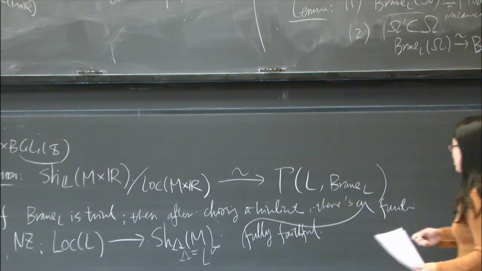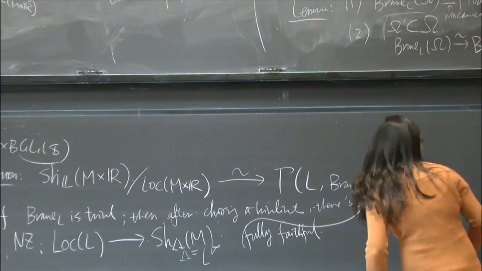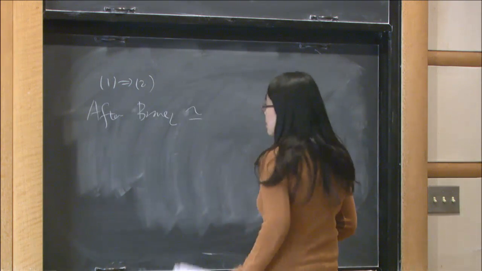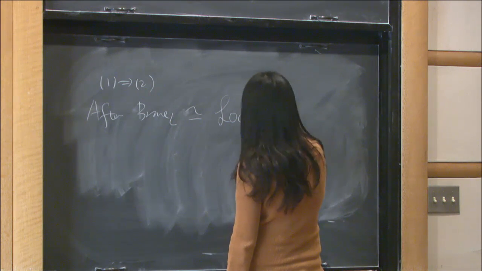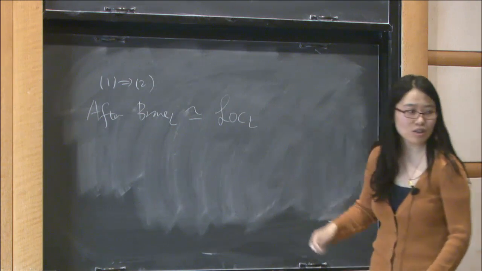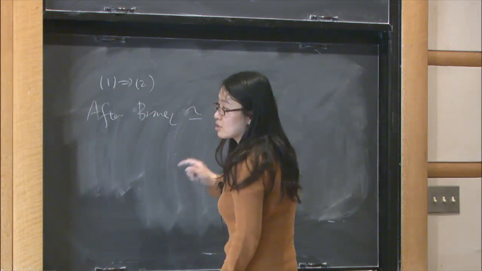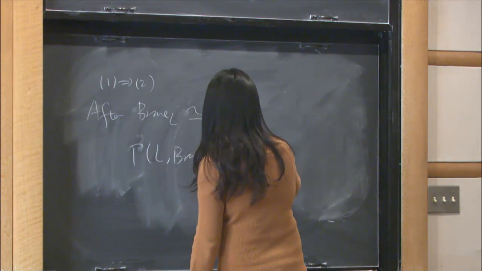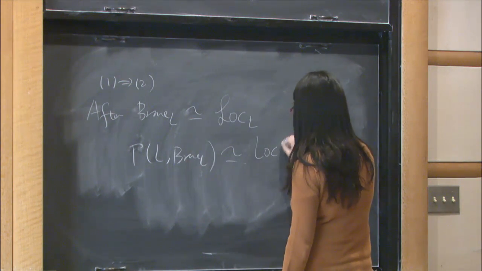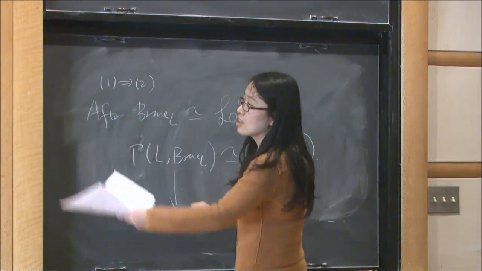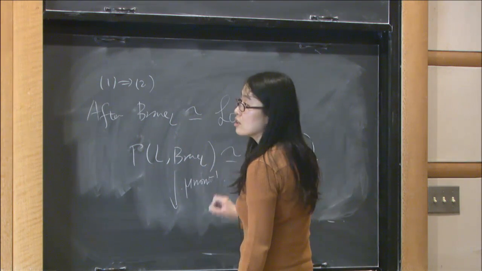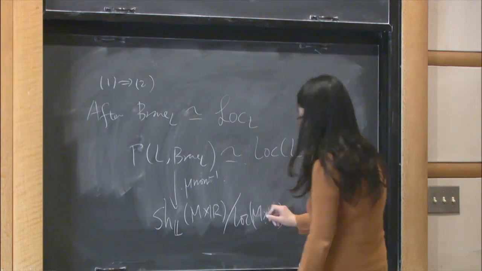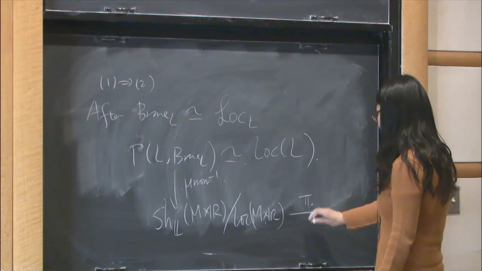After you trivialize Brane L, that means you choose the identification of Brane L with the trivial mod K sheaf on L, which we call Loc L. Then the global sections Gamma of L, Brane L, can be identified with Loc L. Then you use the inverse of this microlocal monodromy functor, which goes to sheaves with support in L on M cross R, modulo Loc on M cross R.